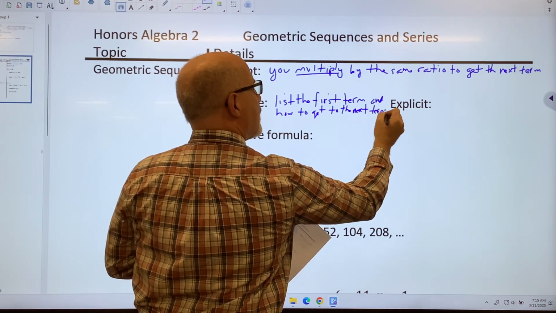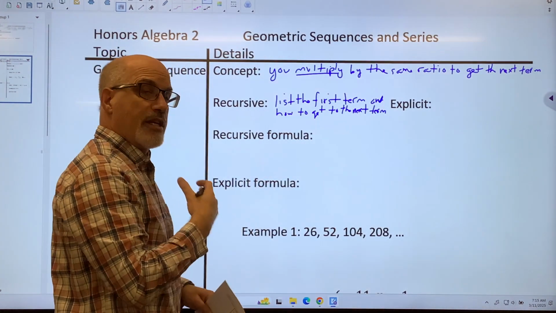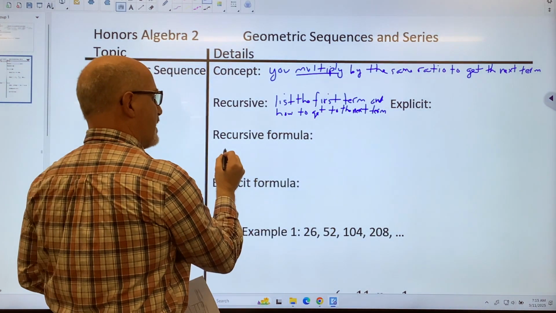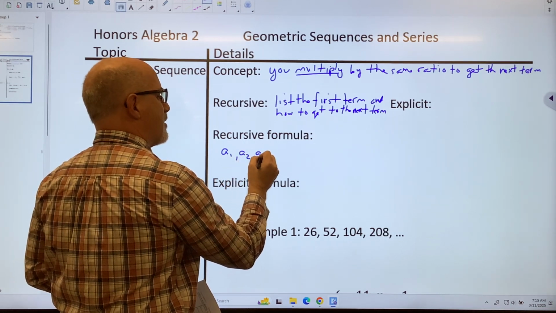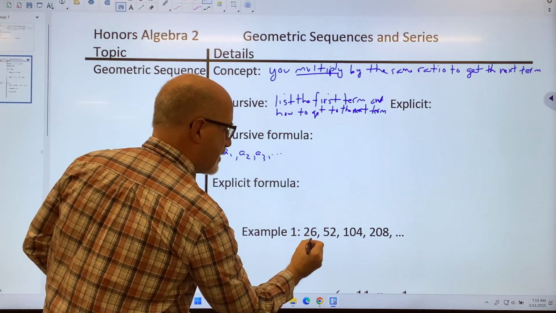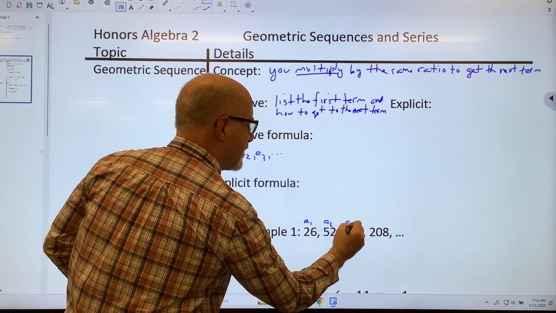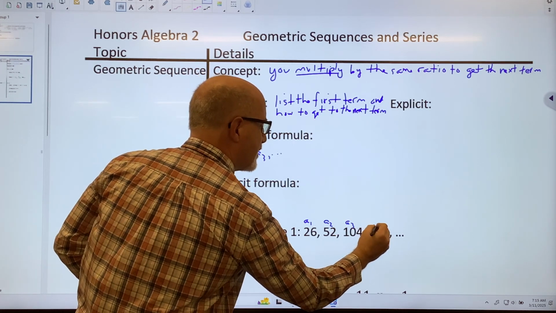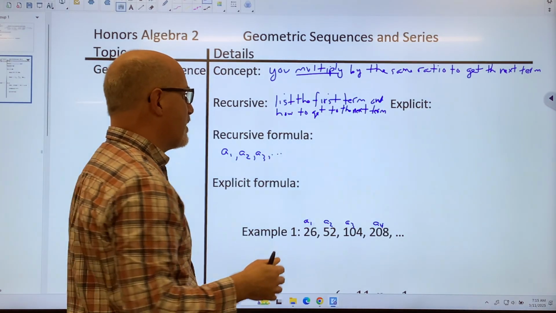So as an example, if we're listing the formula here, again, a sequence is a list of numbers, so we would list it, for instance, as a sub 1, a sub 2, a sub 3, and you just keep going. In this sequence, we have a sub 1, a sub 2, a sub 3, a sub 4. So we're listing it as what number term you are in the sequence.